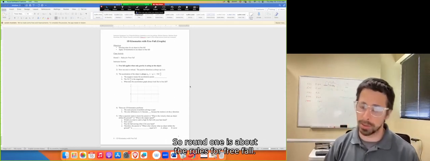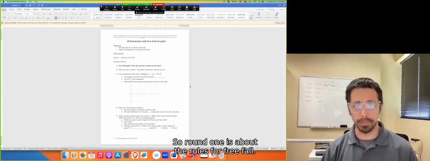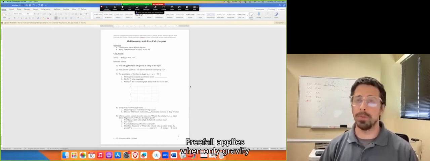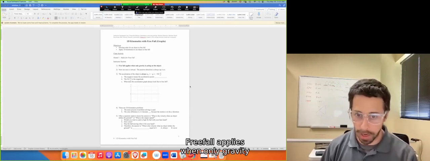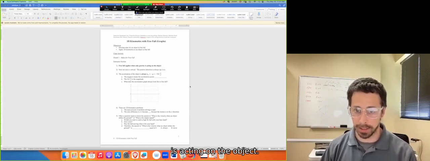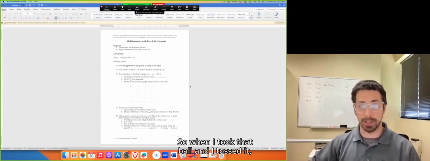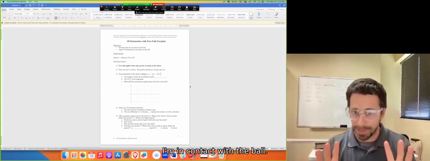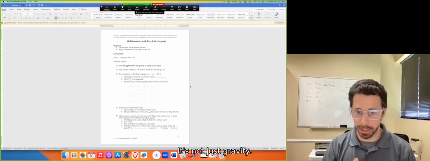So round one is about the rules for free fall. Free fall applies when only gravity is acting on the object. So when I took that ball and I tossed it, free fall is not when I'm throwing it upwards. I'm in contact with the ball. It's not just gravity.